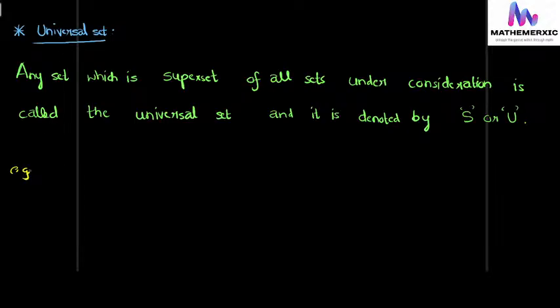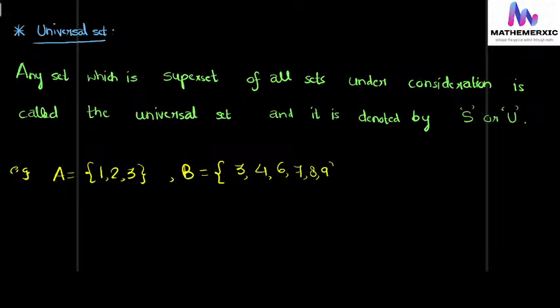For example, let us say we have a set A having elements 1, 2, 3, B having elements 3, 4, 6, 7, 8 and 9, and we have one more set C with elements 0, 1.